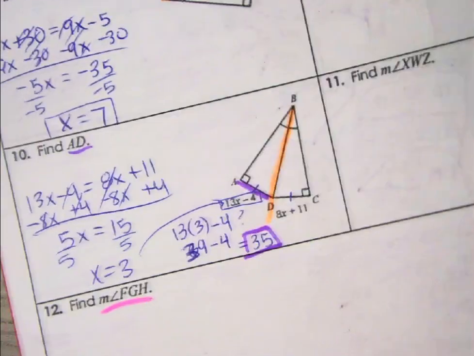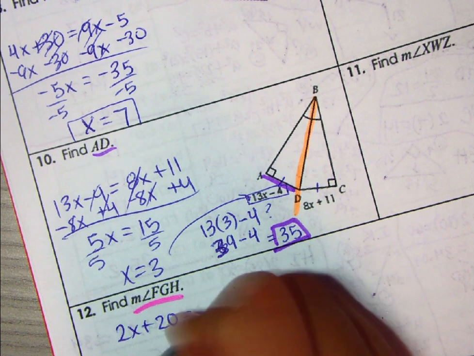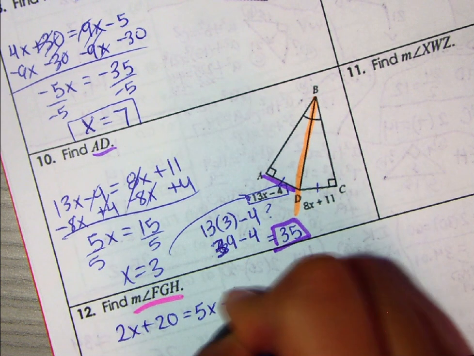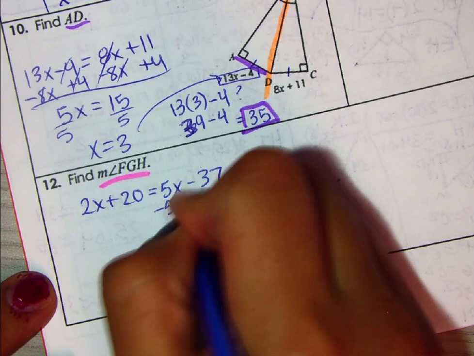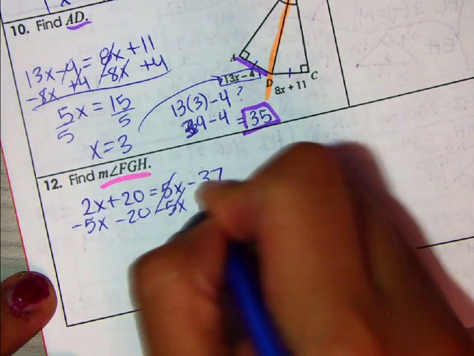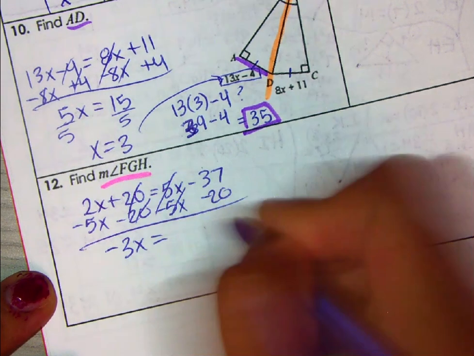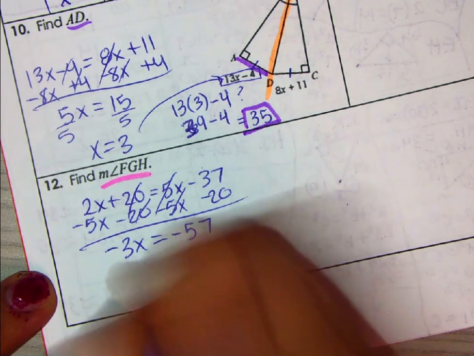And we're going to start with that. 2x plus 20 equals 5x minus 37. And then we solve for x. Okay, so that gives you negative 3x and negative 57.